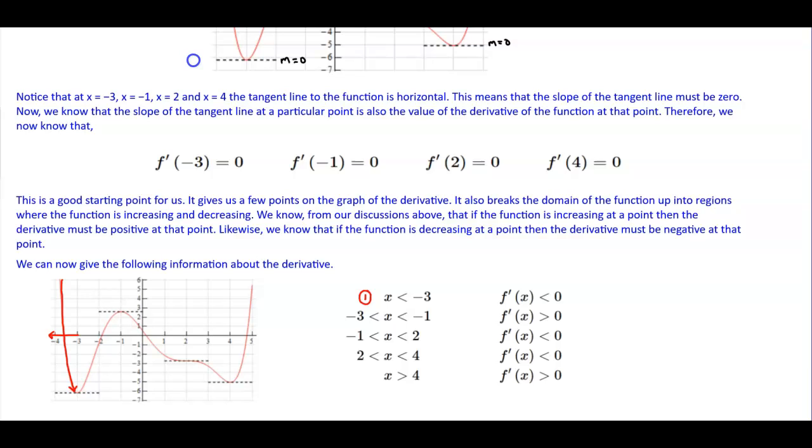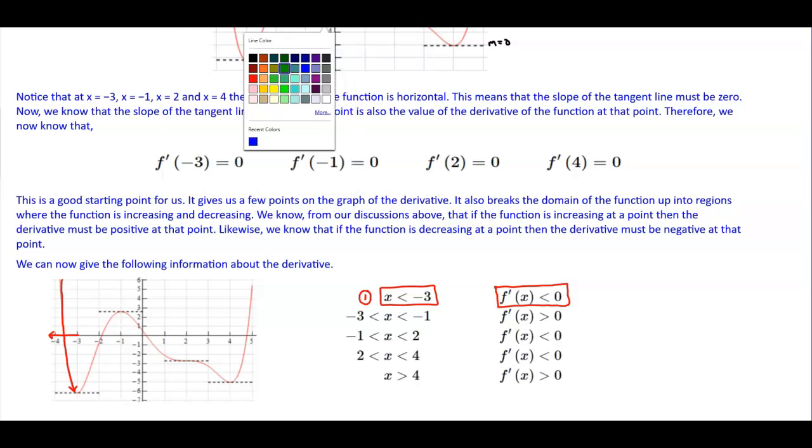So that tells us that whenever x is less than negative 3, we know that the derivative of that function, or the slopes, is negative because it's a negative slope. Okay, so if you take a look at the tangent lines that you would have on this curve, the tangent lines would represent a negative slope.